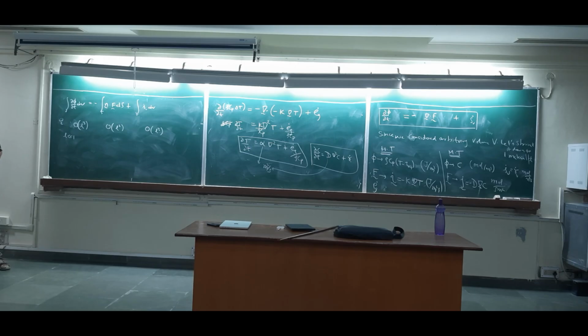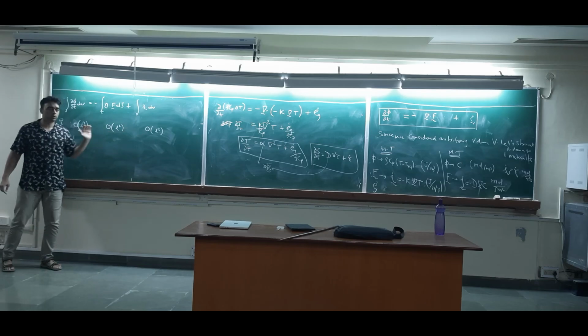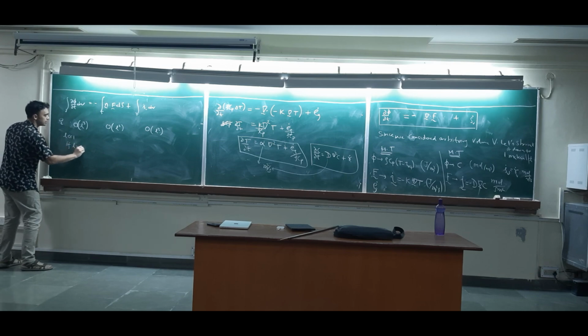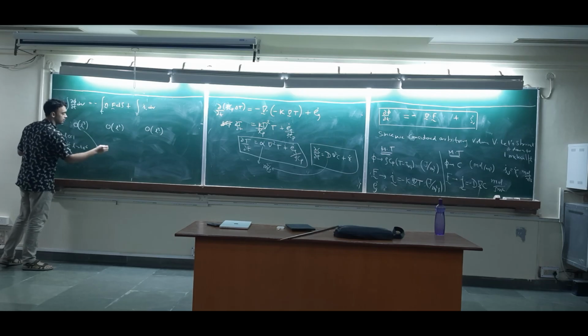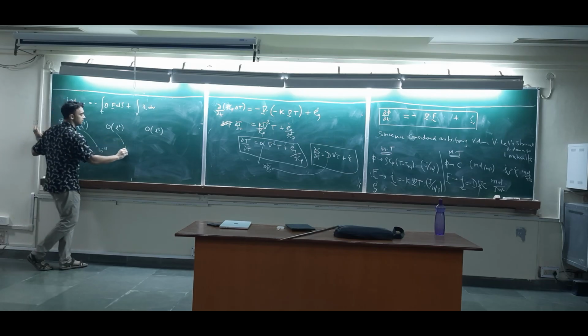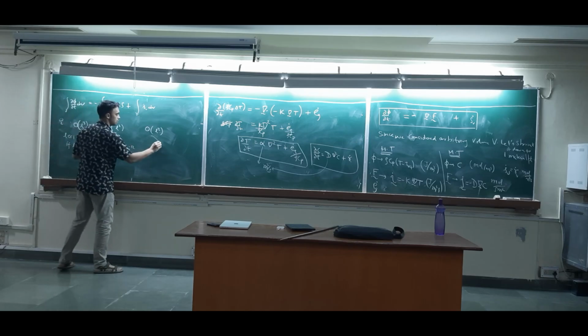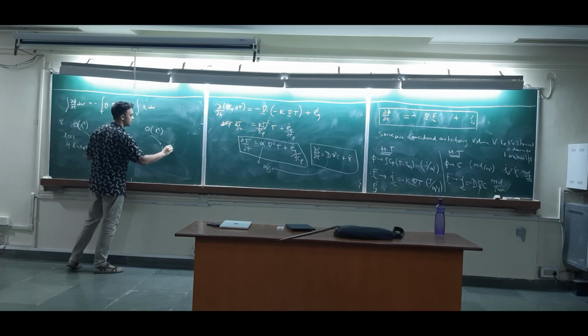I'm going to take L to be a microscopic value, 10 raised to the power minus 6. As an engineer, what would this be? 10 raised to the power minus 18 meter cube, 10 raised to the power minus 12, 10 raised to the power minus 18 again.